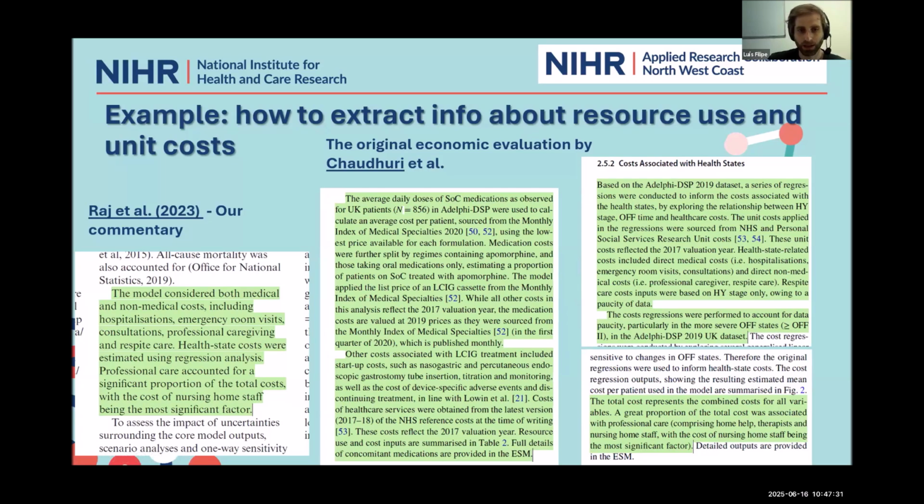So this is a paper about this LCIG treatment for Parkinson's disease. And this LCIG treatment is basically you need to do a certain type of surgery to insert a cassette. I think it's in the intestine, something like that. And then the cassette, if I understand it correctly, is going to kind of give the medicine.